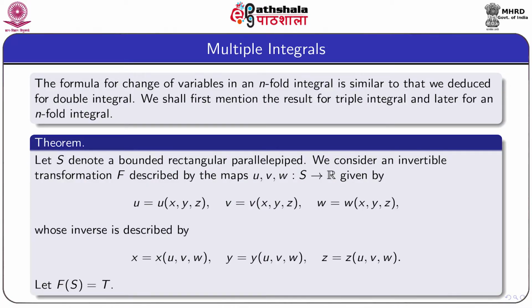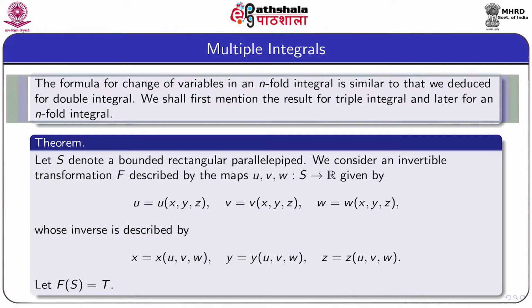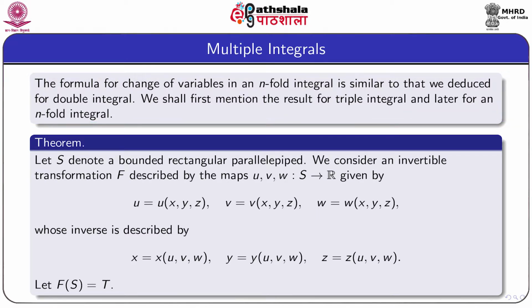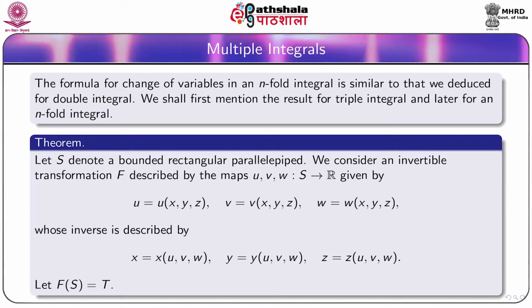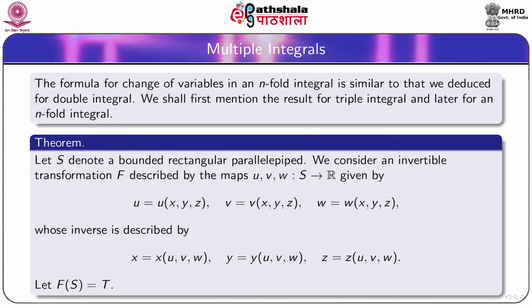Now, we are going to consider the change of variables for multiple integrals. The formula for change of variables in an n-fold integral is similar to that we deduced for the double integral. We shall first mention the result for the triple integral and later for an n-fold integral. Theorem. Let S denote a bounded rectangular parallelepiped.